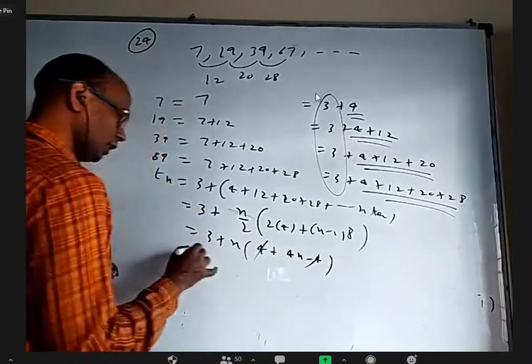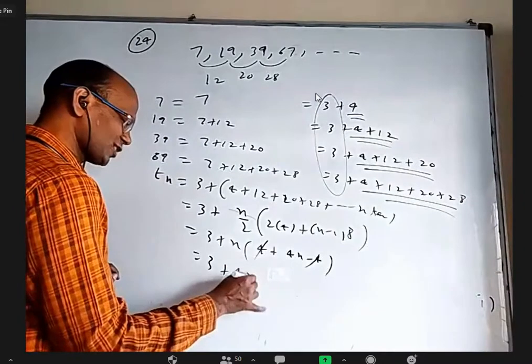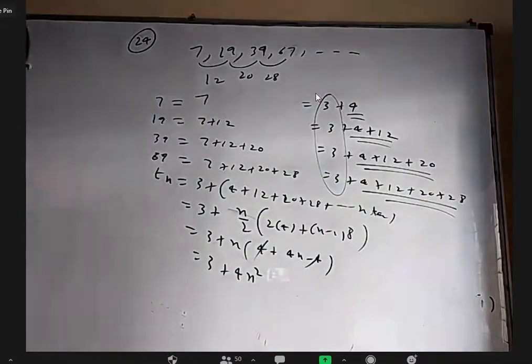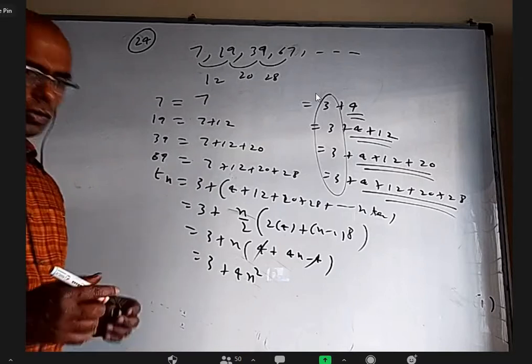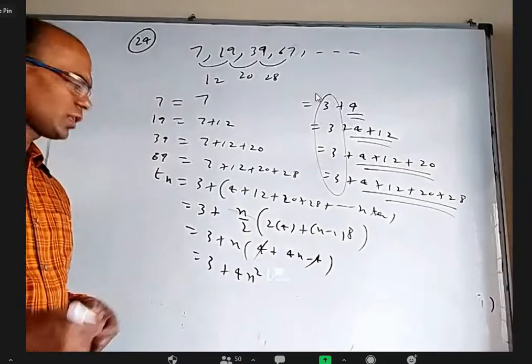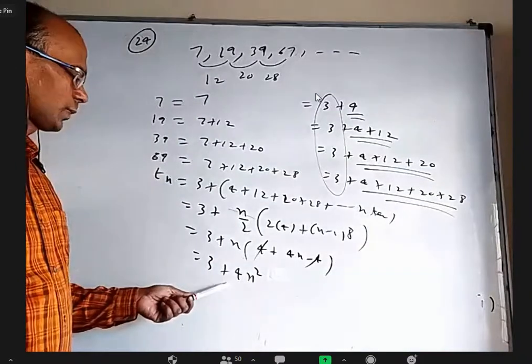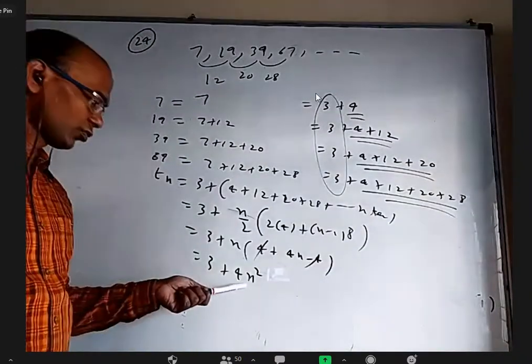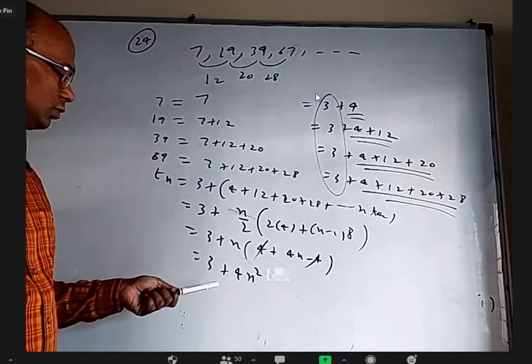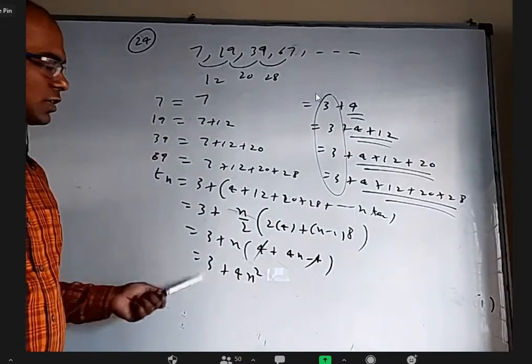So I'm getting 3 plus 4n square. Okay, so 3 plus 4n square: when I put n equal to 1, I'm getting 7, n equal to 2, I'm getting 16 plus 3, 19, n equal to 3, that is 39, everything is good.